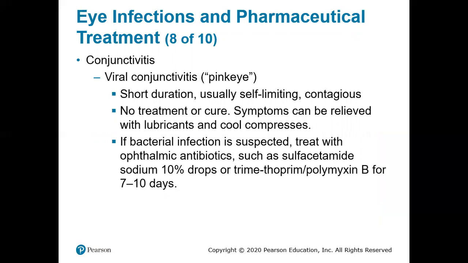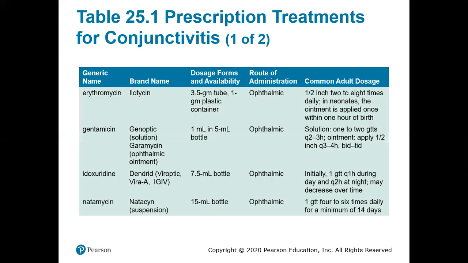Symptoms can be relieved with lubricants and cool compresses. If bacterial infection is suspected, treat with ophthalmic antibiotics, such as sulfacetamide sodium 10% drops or trimethoprim, polymyxin B for 7 to 10 days. Table 25.1 on page 379 details prescription treatments for conjunctivitis.